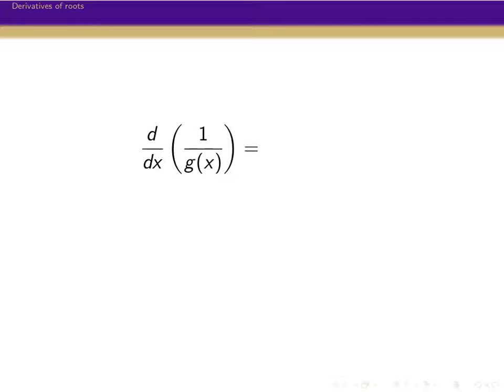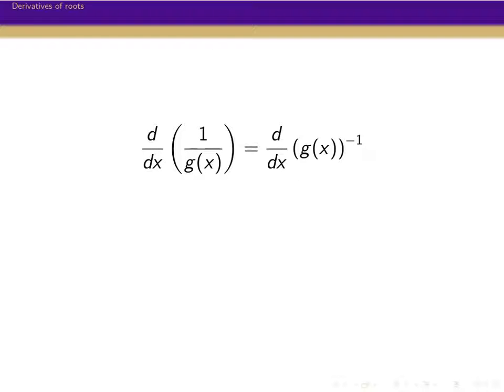Okay, we've actually done quite a number of problems so far that essentially are this already. We're going to use the same trick we've always used: 1 over something is the same thing as that thing to the minus 1 power. So we're going to take the derivative of g of x raised to the minus 1 power.